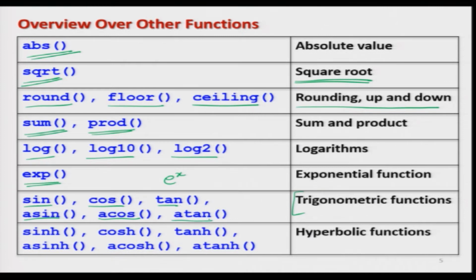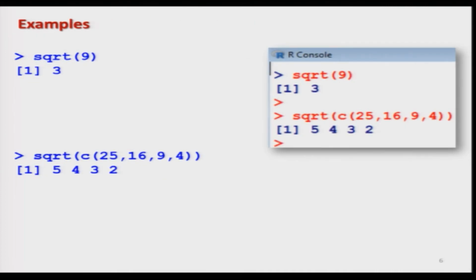For the hyperbolic functions, we have sinh, cosh, tanh, asinh, acosh, atanh, and then there is a long list. But instead of going through these commands, let me take some examples to show you how they work, and what the advantage of these built-in functions is when working in the R software. That is my ultimate goal.